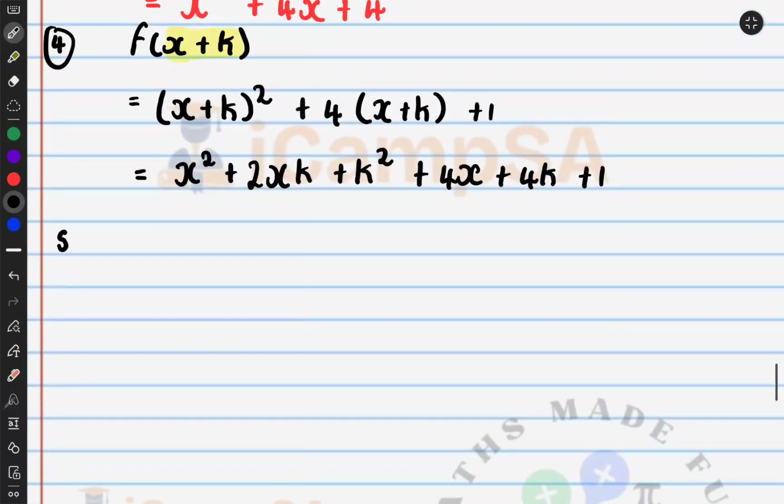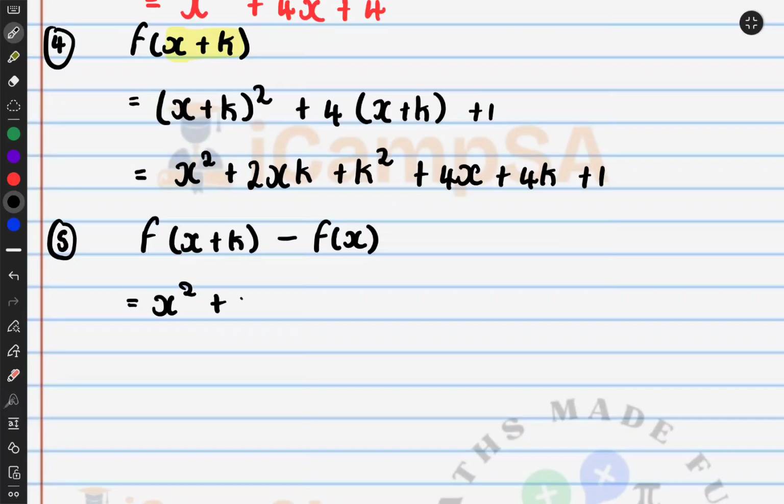What is f at x plus k? f at x plus k is x squared plus 2xk plus k squared plus 4x plus 4k plus 1. And then we're going to subtract f at x.